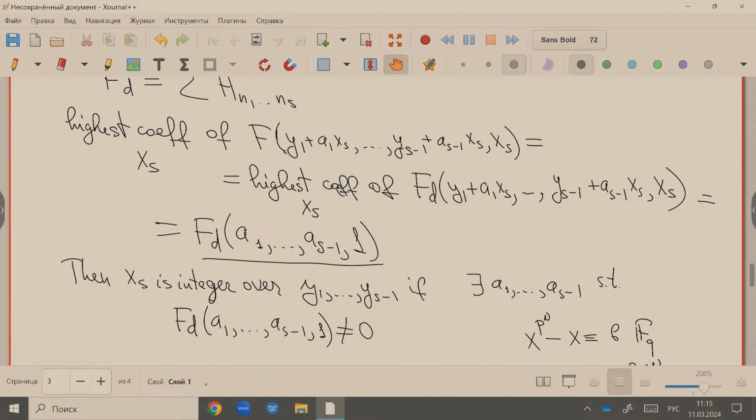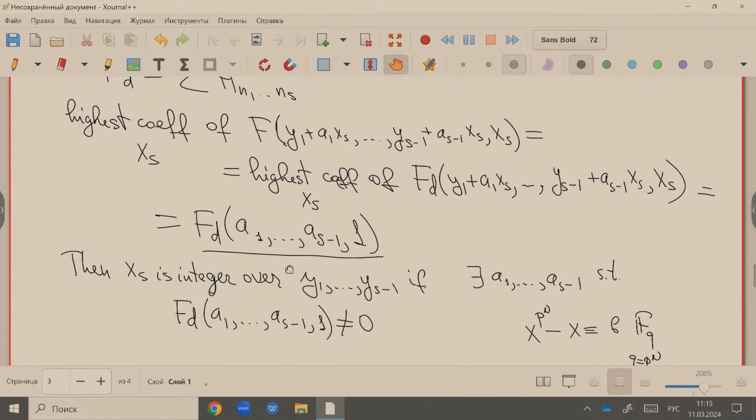From the set of coordinates x1, ..., xn, you just choose a subspace which corresponds to this linear change of coordinates y1, ..., ys, and you project to this subset. Yeah, so in a sense it is a projection with respect to the direction of the line.